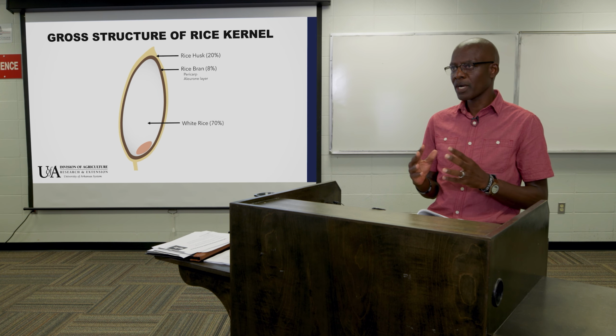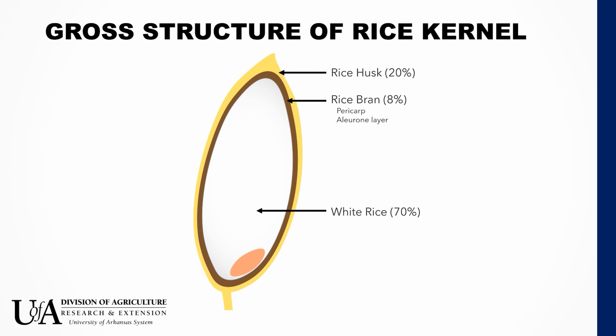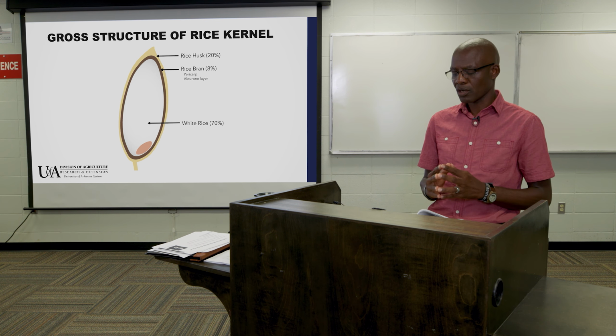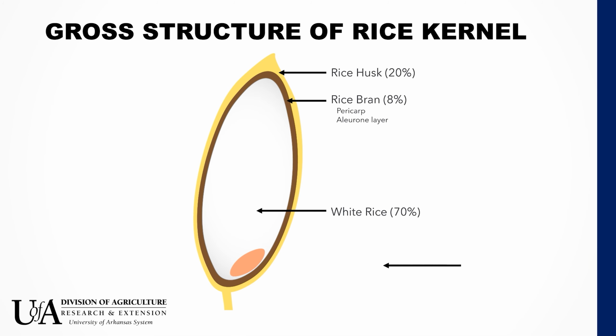It is the starchy part that most of us like to consume. By weight, it forms about 70% of that rice kernel. And the last part, and the smallest portion of that rice kernel, is the germ. And the germ comprises about 2% of the gross weight.